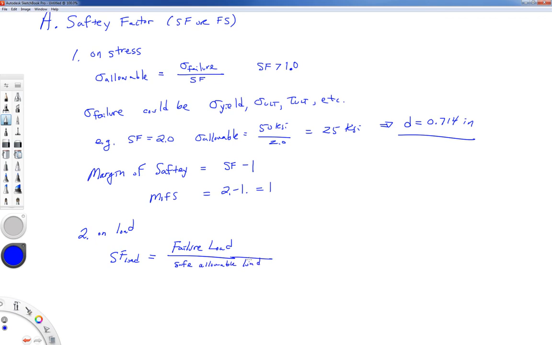Now, for complex structures, you may get different results from a safety factor on stress and a safety factor on load. Very simple structures, they would amount to the same thing. So let's do an example here of a safety factor in a typical type of mechanics and materials problem. But I think you'll see where the design knowledge comes in.